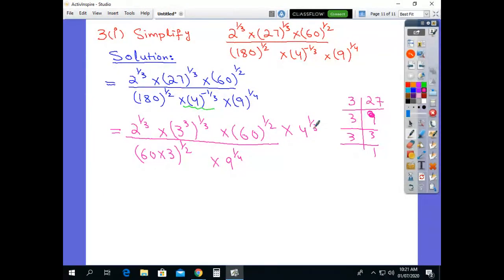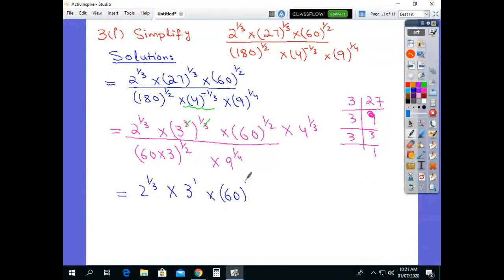Now, after more simplification, we see that in 2 raised to power 1 by 3, this 3 is cancelled with this 3, and it becomes only 3 raised to power 1.